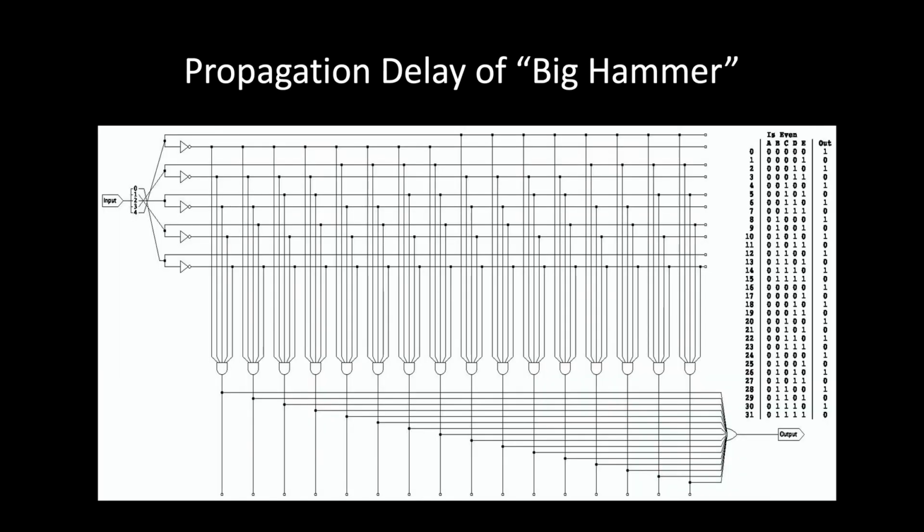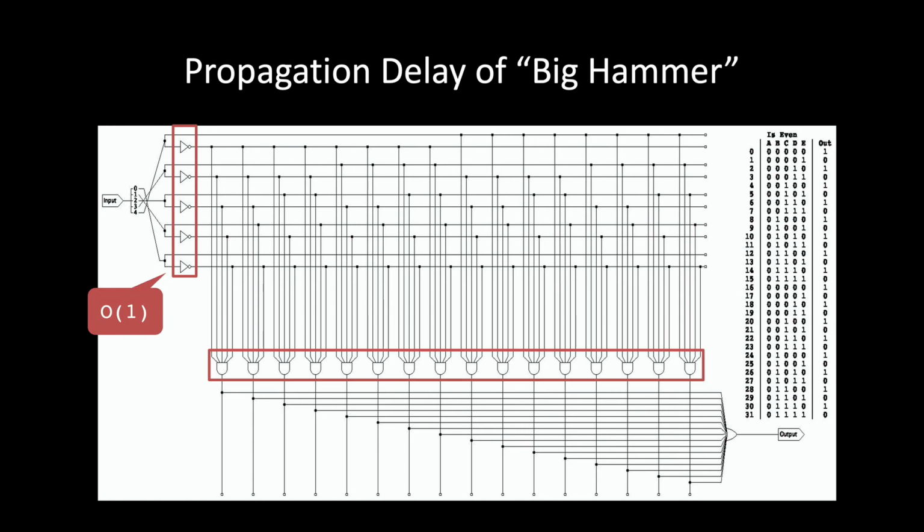So now let's analyze that 5 input circuit again. The set of NOT gates all run in parallel, and they each just take one gate delay because they only have one input. So we can call that a constant amount of time, big O of 1. The set of AND gates also run in parallel. Each AND gate has n inputs, so this entire bank of AND gates takes a time that's big O of log n.